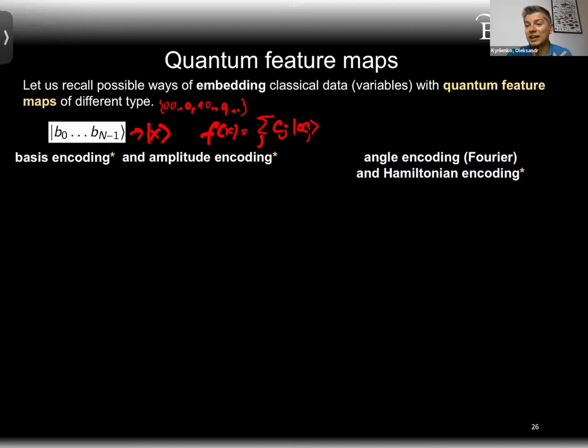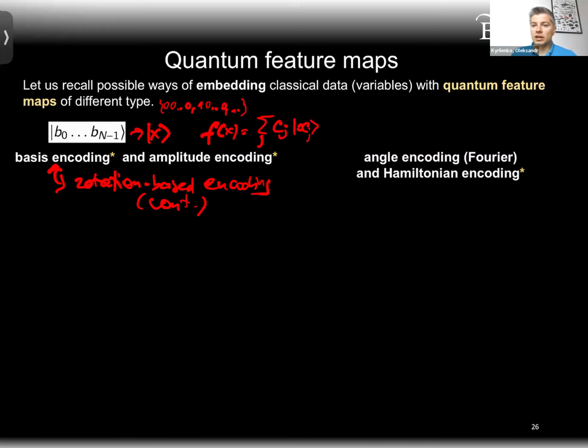So we don't really have analytical derivatives for such a discrete encoding. And what we would like to connect later, this basis encoding, we will connect with rotation-based encoding, which is continuous.